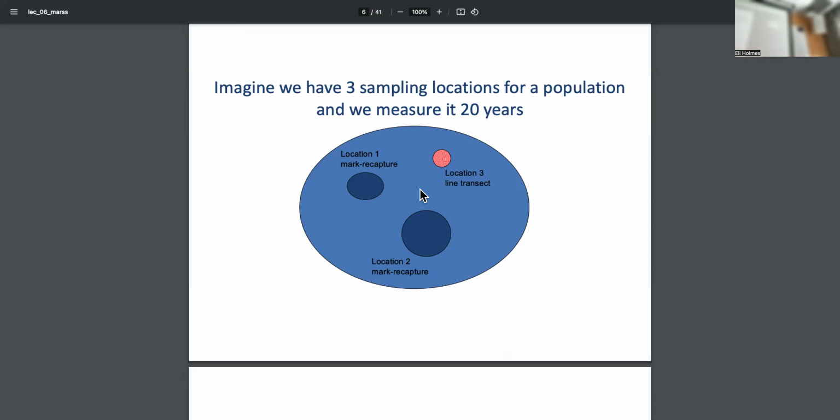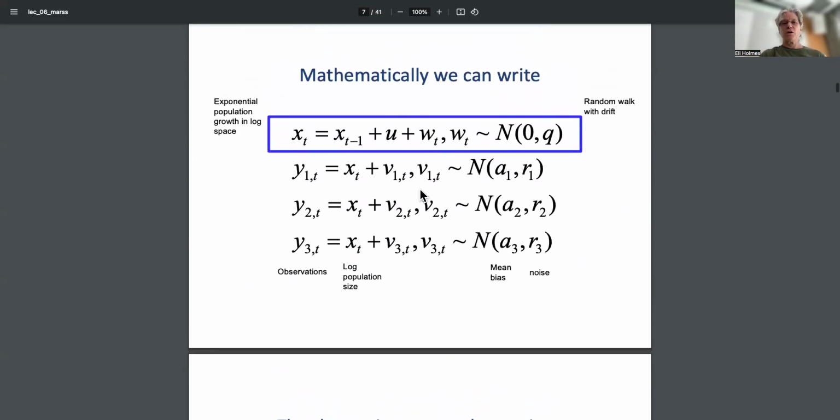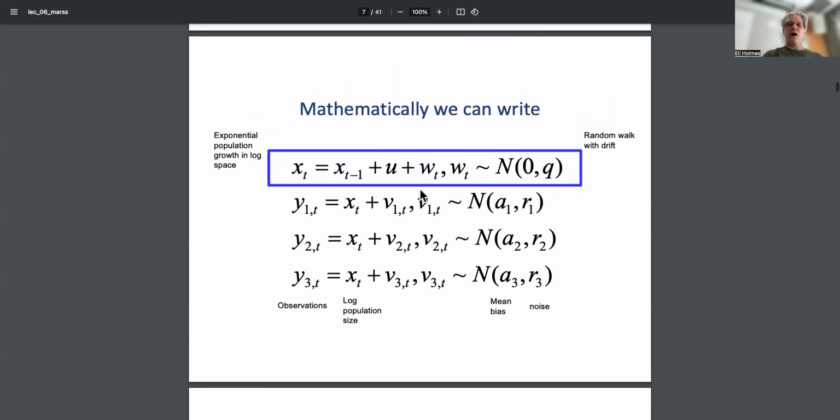So, first thing, my population estimates or abundance counts in these locations are not the total population. They are related to it by some scaling factor, which I don't know. But I know that they are not, in fact, the whole population. So how do we mathematically write out that idea?